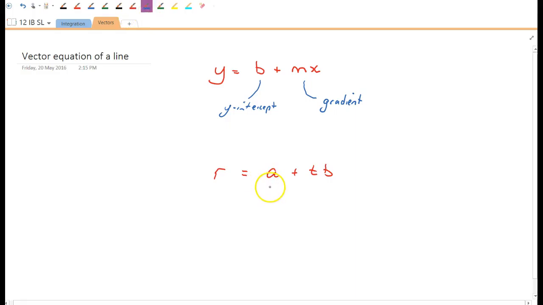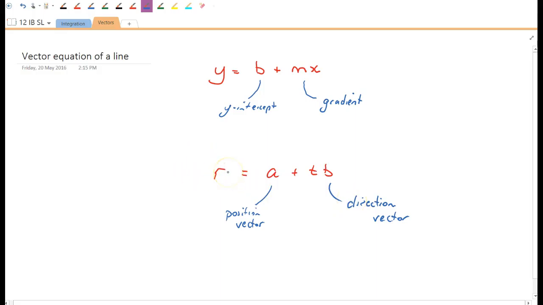Our a represents a position vector, a known point, a known position that the vector goes through, and b represents our direction vector. So what direction is our vector going in? You can see it's no different to y equals b plus mx: known point, gradient or direction, known vector, direction of the vector.